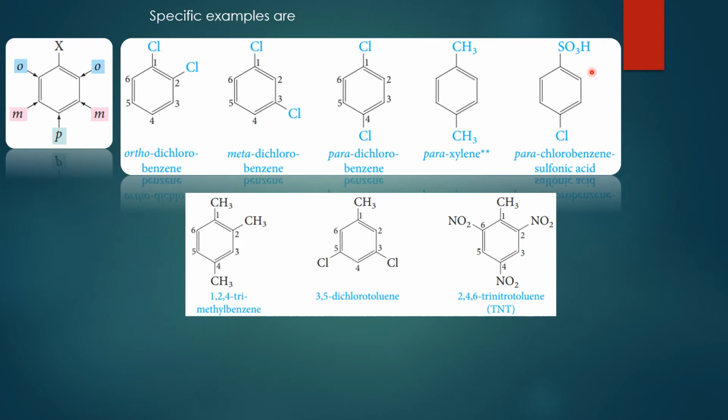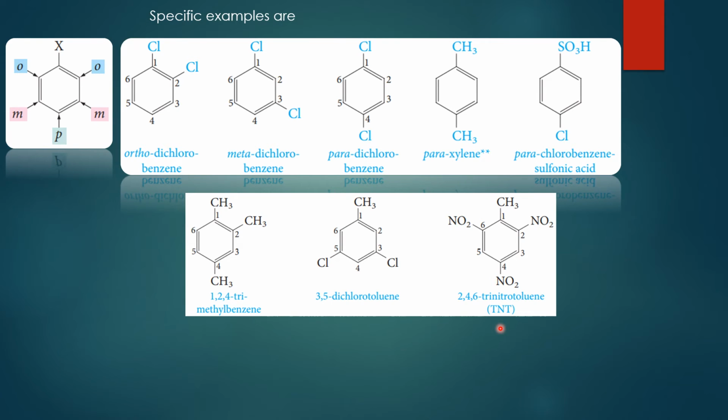When more than two substituents are present, their positions are designated by numbering the ring. For example, 1,2,3-trimethylbenzene, 3,5-dichlorotoluene, and 2,4,6-trinitrotoluene, TNT.